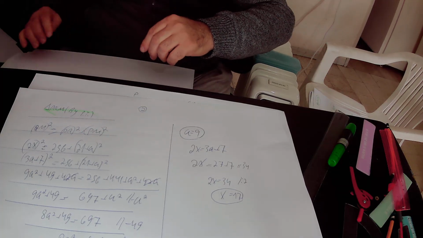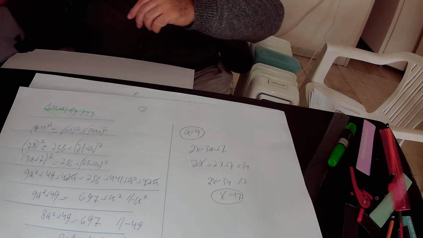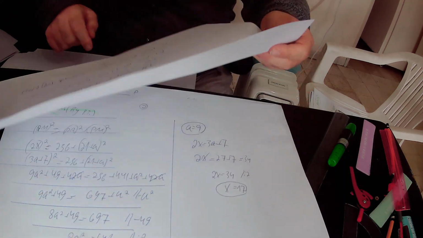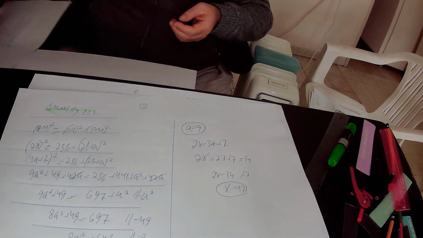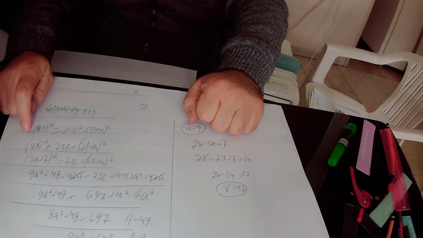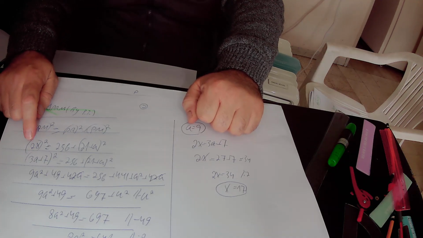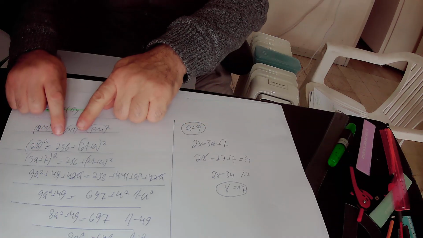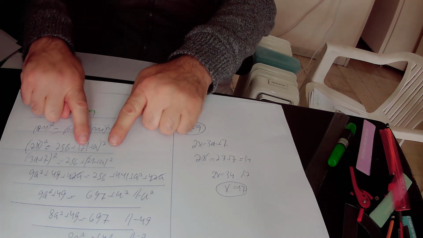We also found out that 2x equals 3a plus 7. So we substitute 2x by 3a plus 7. If 2x equals 3a plus 7, it means that 2x squared equals 3a plus 7 squared, and it equals 256 plus 21 plus a squared.